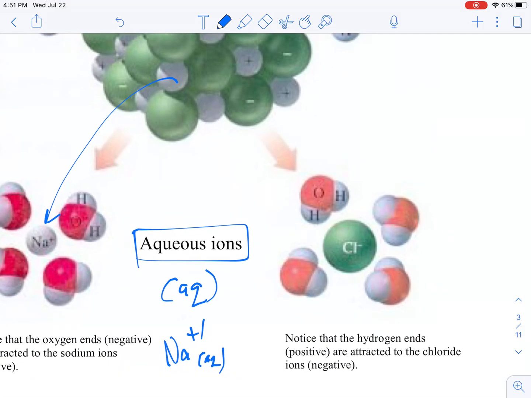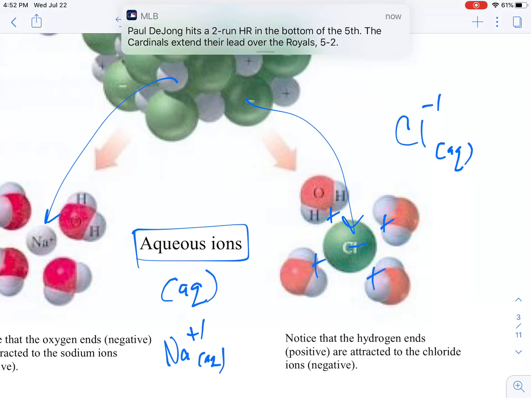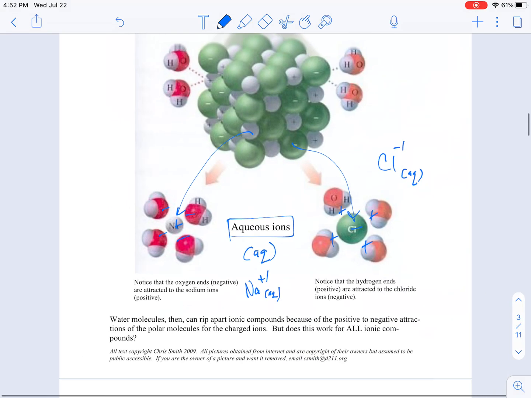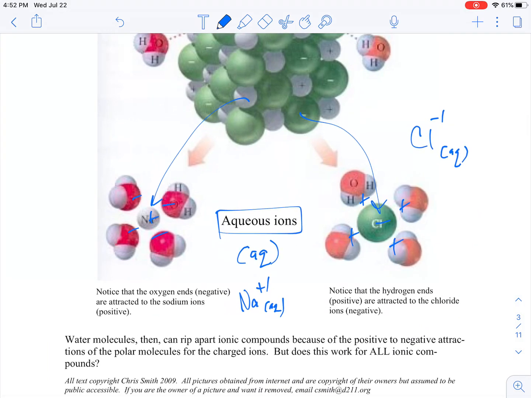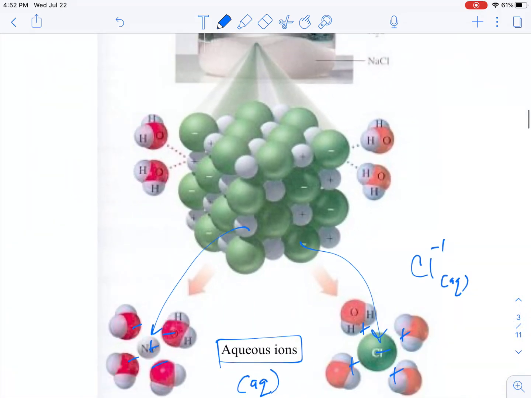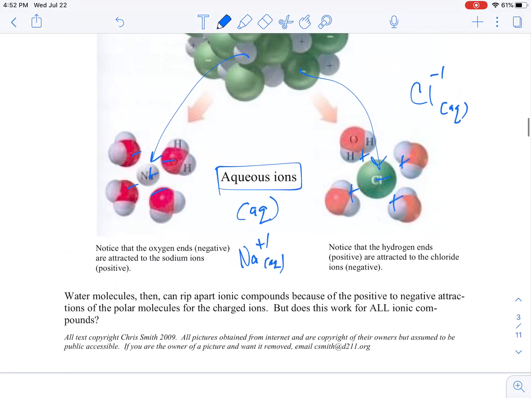If you were to see this for the chloride, it would be the same thing, except that it would be a Cl-1 with an (aq) next to it, because the chloride ion has been ripped out. And again, you'll notice that the positive side of the water molecules is all pointed toward the negative ion that's here. And here, the negative side of all of the water molecules are pointed towards the positive side that is there, right? So aqueous ions are when an ionic crystal is ripped apart by the water molecules.